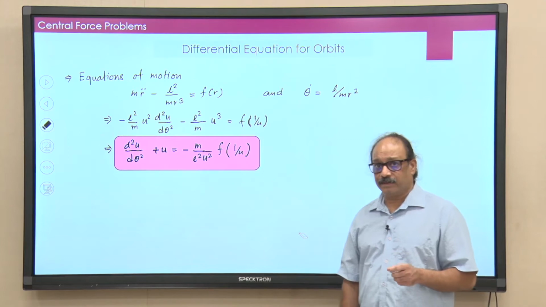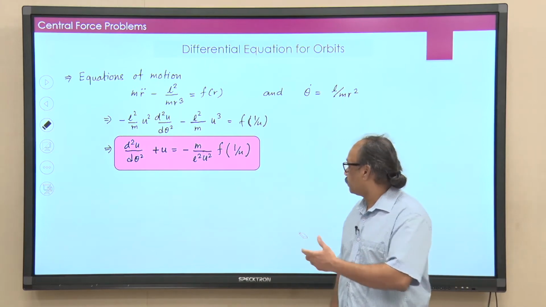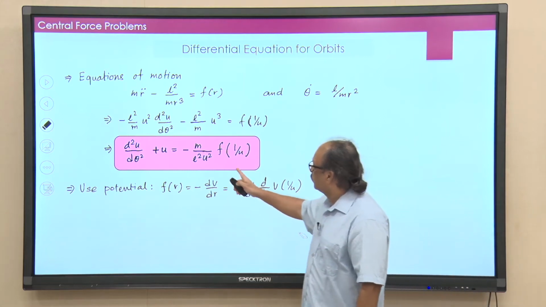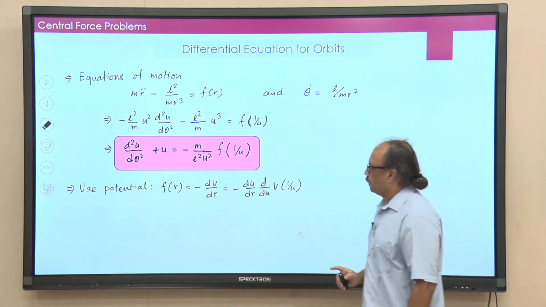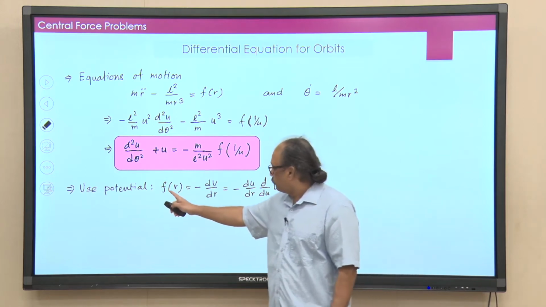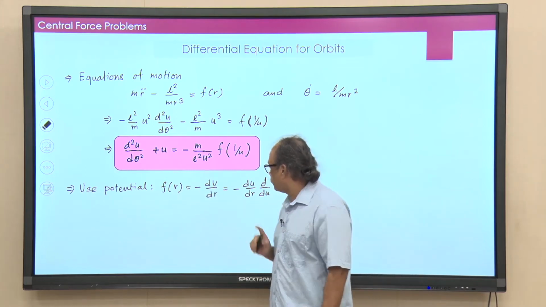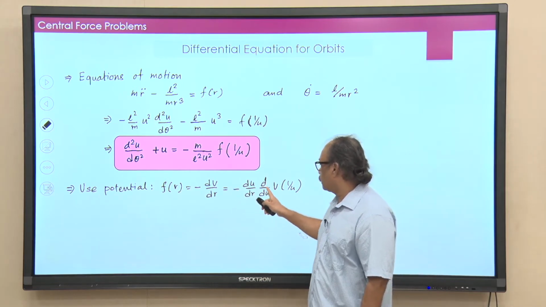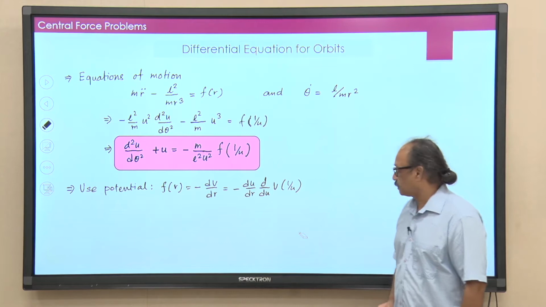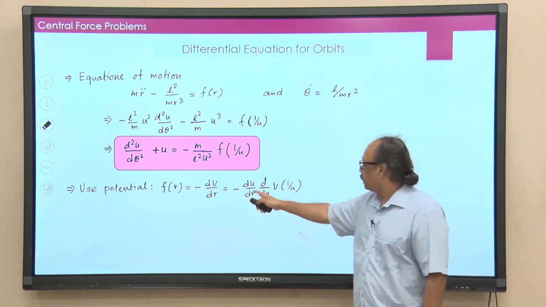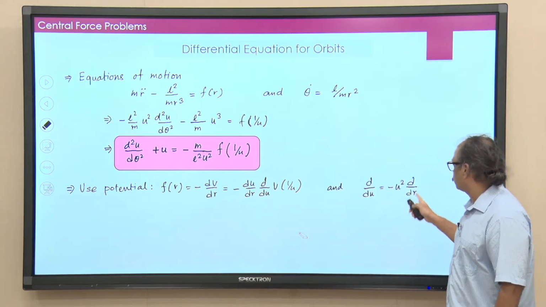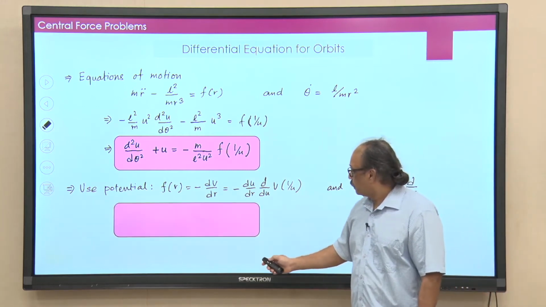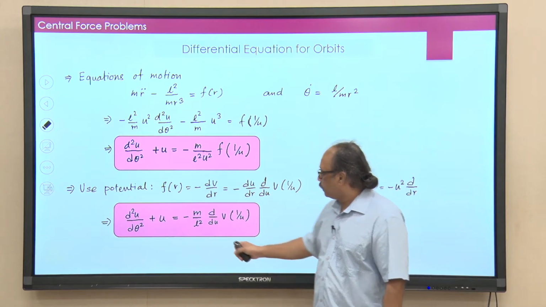The nice conclusion that one gets is the symmetry of the orbits. So, if you want to use potentials instead of the force, then of course, I will write F, which is minus dV by dr, and that is equal to minus du by dr times d by du of the potential itself, and du by dr we already know, that is equal to minus u square d by dr. If I use this one, then I get the final equation in terms of the potential.